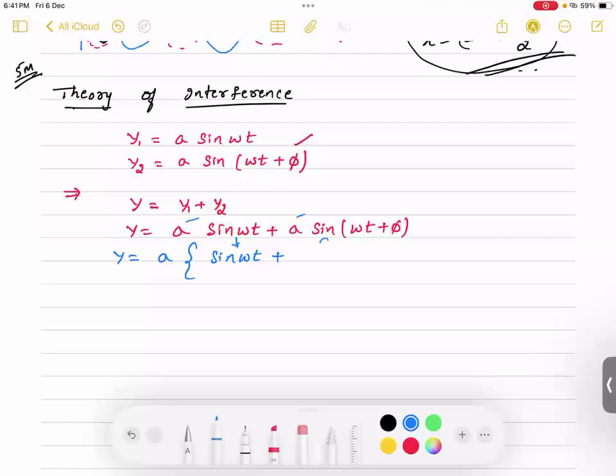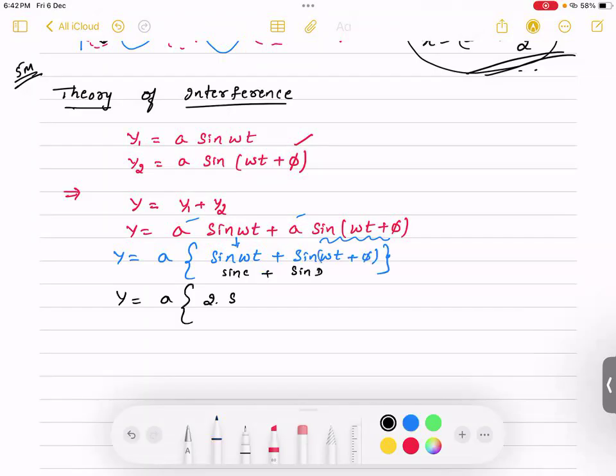What is the sine A plus B formula? Do one thing. You write one more step: sine omega t plus sine (omega t plus phi). Now use the direct formula. You studied the transformation formula, sine C plus sine D, no? So what is sine C plus sine D?